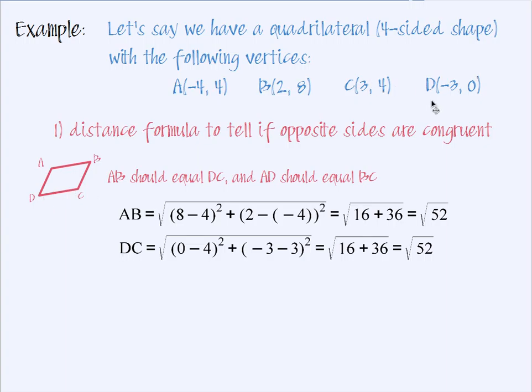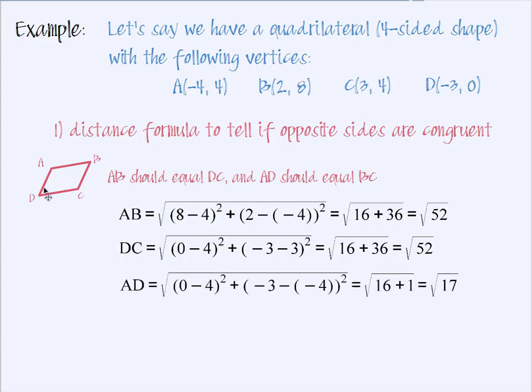Putting D and C into my distance formula, I get square root of 52. So I can see just from distance formula that AB and DC are congruent. If I use distance formula on A and D, I get square root of 17. And finally on BC, I get another square root of 17.